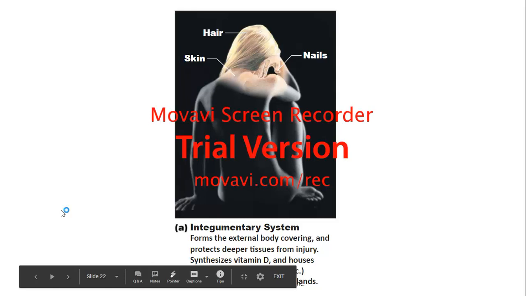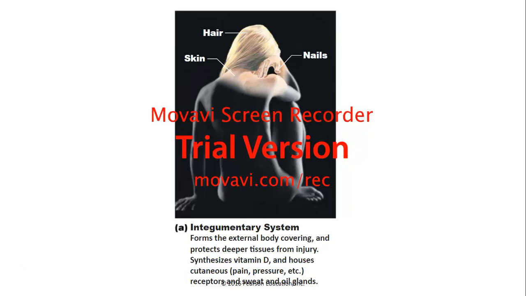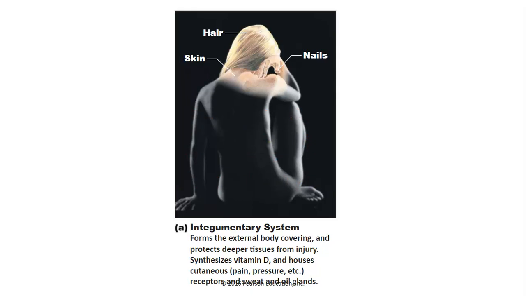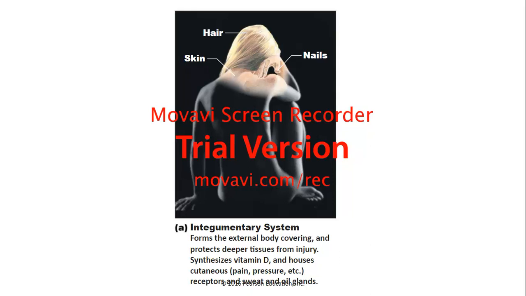All right, so the integumentary system. We're going to talk about each of the organ systems briefly. Again, that's your skin. It forms the external body covering, and it protects the deeper tissue from injury. Also, which we don't think about a lot of times, which is why they tell you it's good to get some sunshine on your skin, your skin also synthesizes vitamin D, okay?